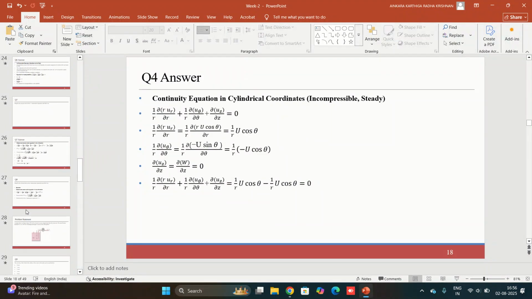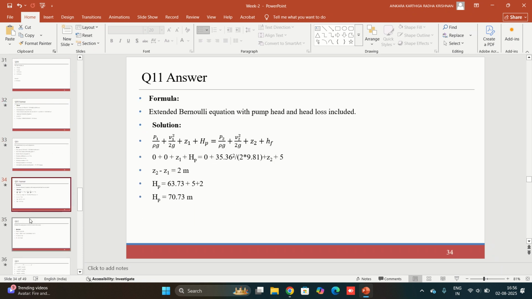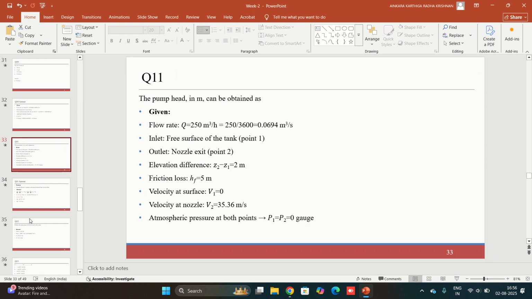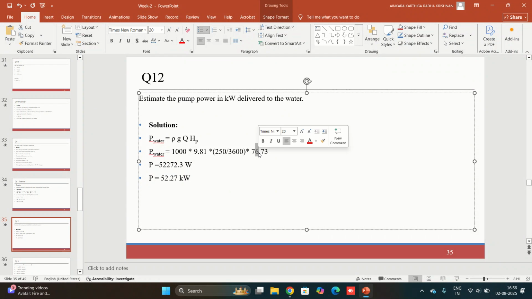In question 12 also there is a small change again because of the variation in the pump head. 70.73. Now we should substitute 70.73 here. So 1000 into 9.81 into 250 divided by 3600 into 70.73, it is 48,184 or 48.18 kilowatts.